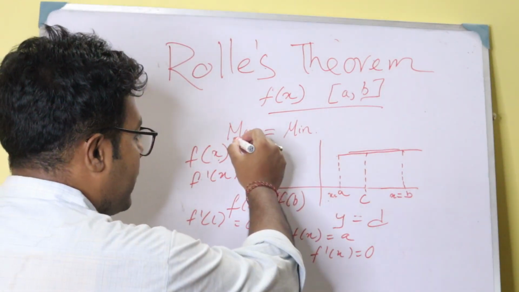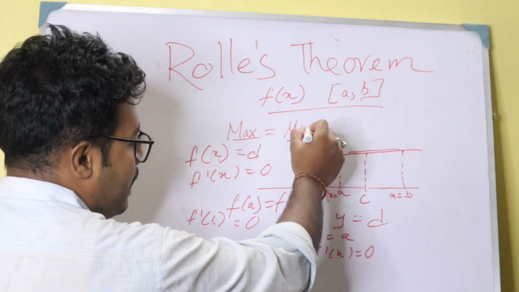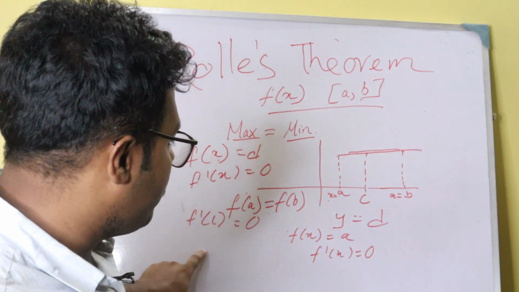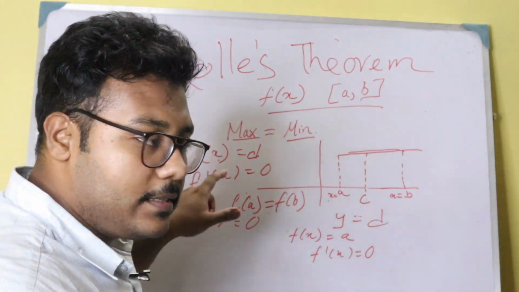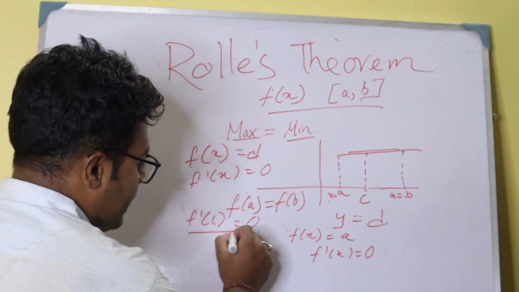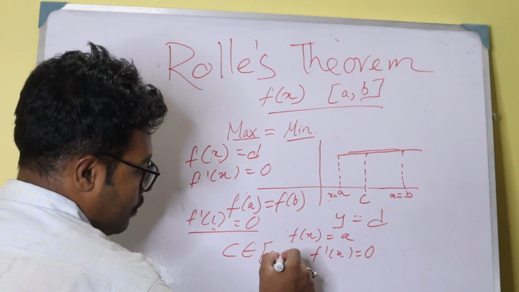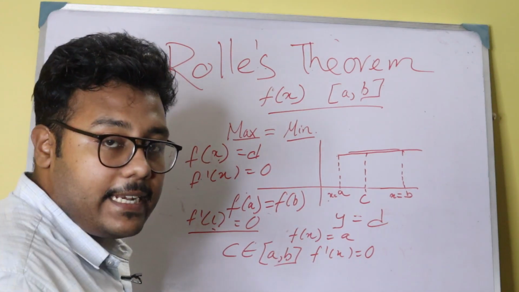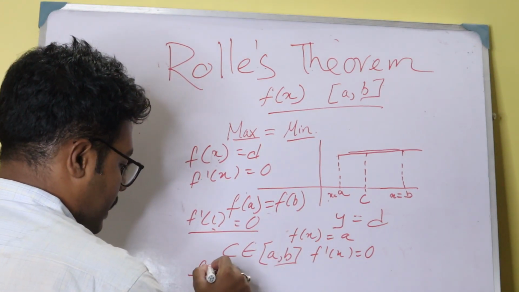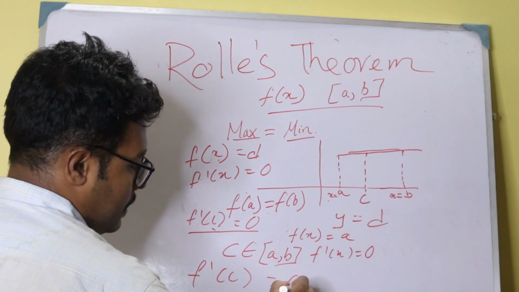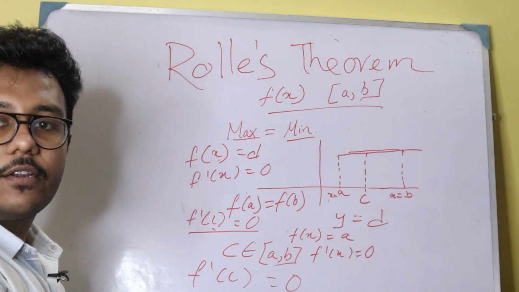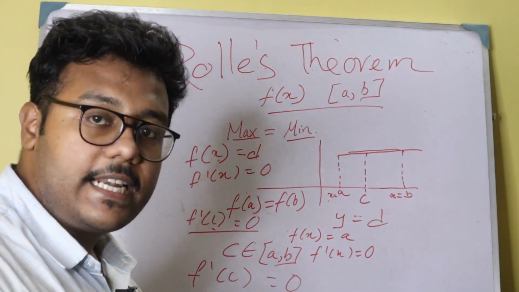So for the case when maximum value is equal to minimum value, Rolle's theorem is proved in this way, right? The three conditions are satisfied, then there is a value C which belongs to closed interval AB such that f dash of C is equal to 0. So this is Rolle's theorem.